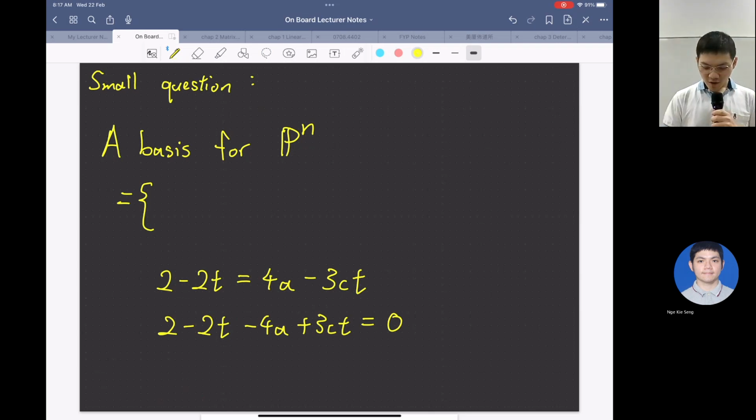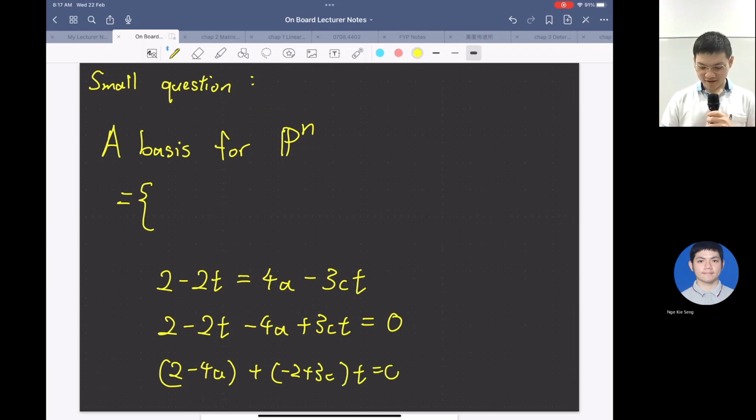So why are you doing that? Why in your mind do you know that these things go together? Why do you want to combine these terms? Why not combine 2 plus 3t, something like that? Why not do it the other way?